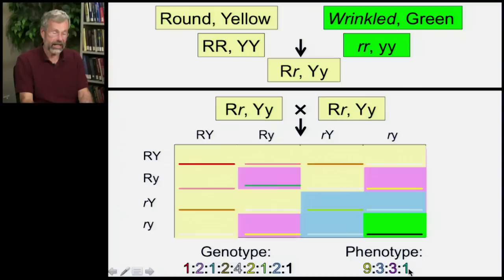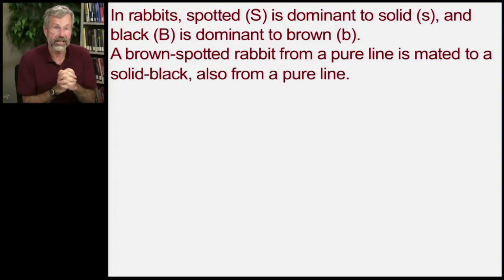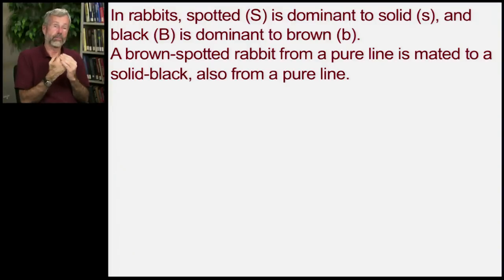Phew, okay? That's tedious, and it's painful to go through, but we need this in order to understand fully about Mendelian genetics. So I now want you to go through the same painful procedure with an example here. Imagine you've got a breeding experiment in rabbits, okay?